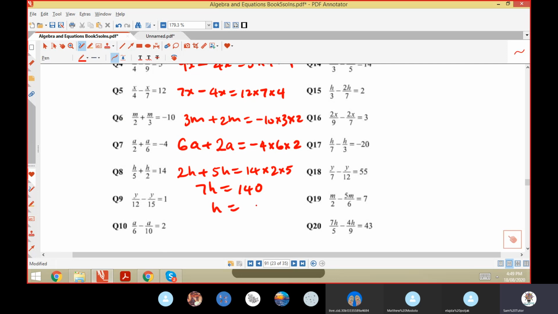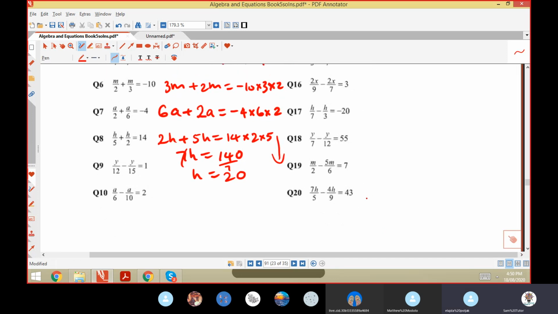And then h equals 20. So 14 over 7 is 2, put the 0. Okay. So like I said, I'm not worried. Should I be worried about the next few steps? No. If you know the first line, everything else should be nice and easy. Yeah. Let's just make sure we can do it for this.